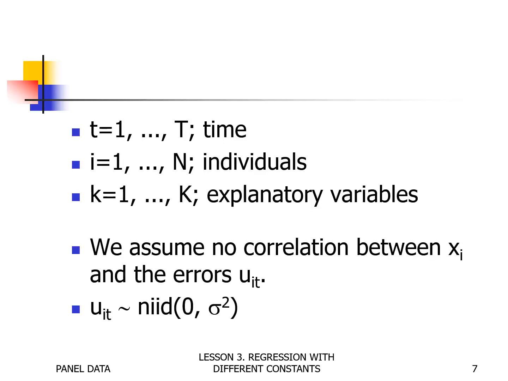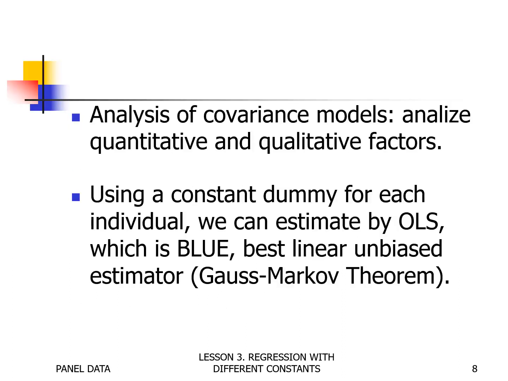Again, this is the explanation that we have, and we assume for simplicity that there's no correlation between the x's and the errors, so that makes possible the use of the Gauss-Markov theorem to justify the use of OLS in this particular setup of the fixed effect model.